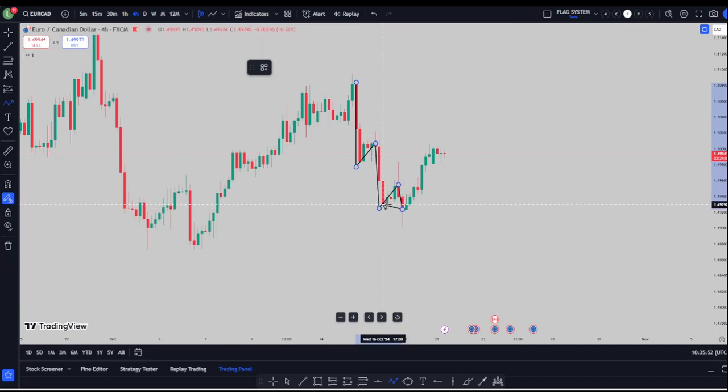And at this equal low, price changed the direction from bearish market structure back to bullish market structure, whereby we are having from low equal low back to new higher high. So we're expecting higher low here, then continuation to form a new higher high, higher low, higher high on EURCAD.